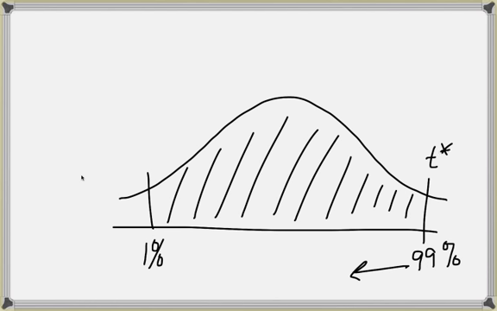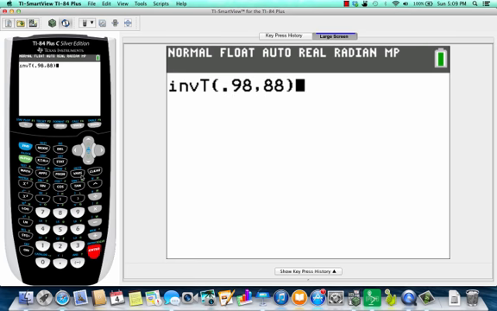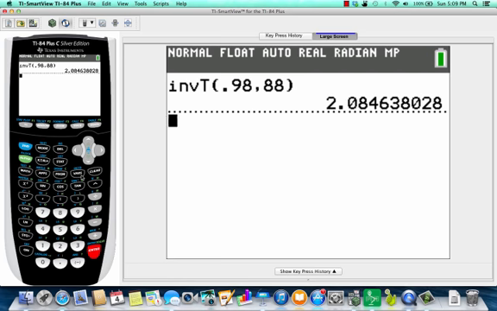So let's see, back to my calculator. I'm going to do 0.98, degrees of freedom, 88. And I get 2.08. Now, let's see. Oh, I typed it in wrong. It should have been 0.99.